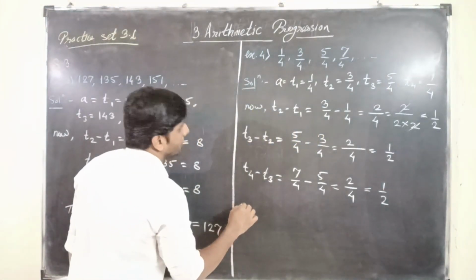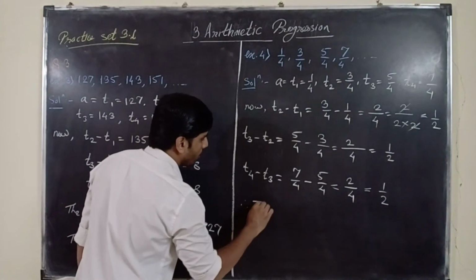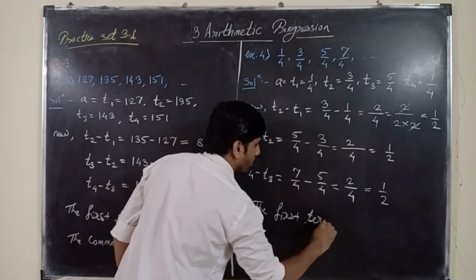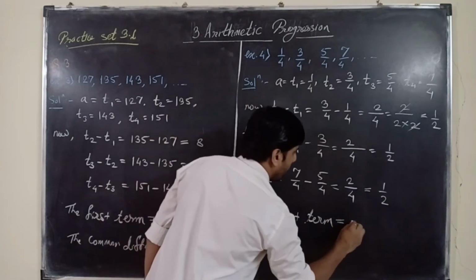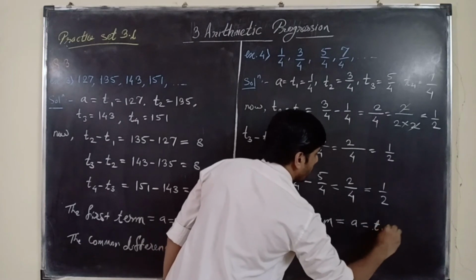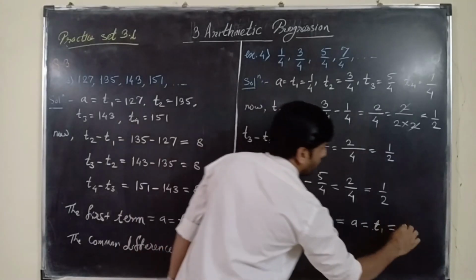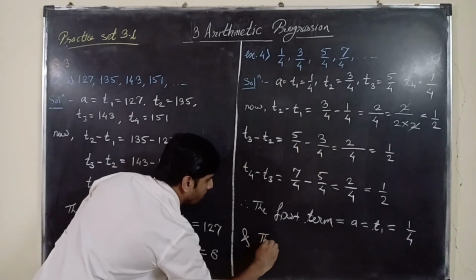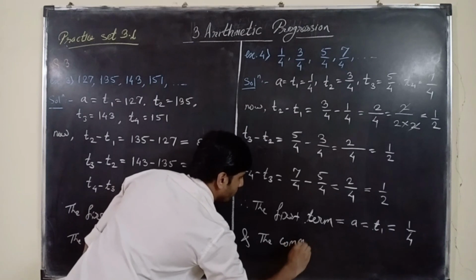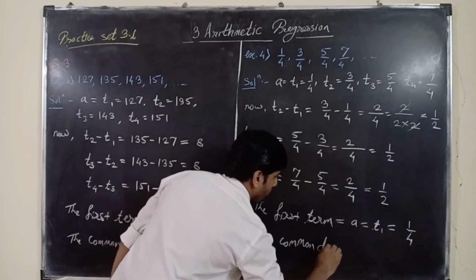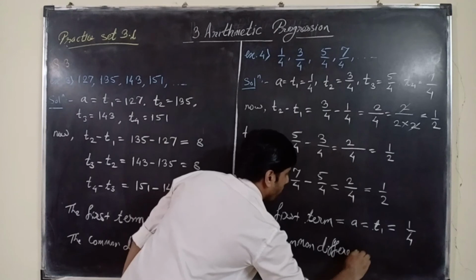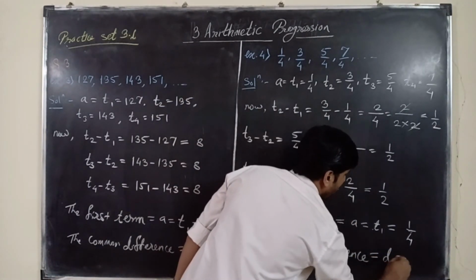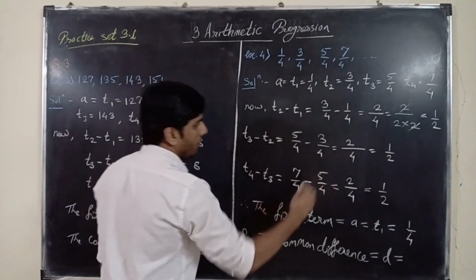So here we can say that therefore the first term A, which is also equal to T1, which is 1 upon 4. And the common difference D, which is equal to 1 upon 2.